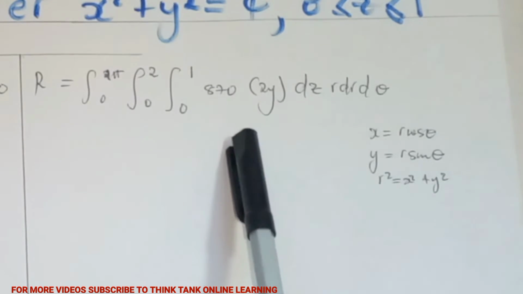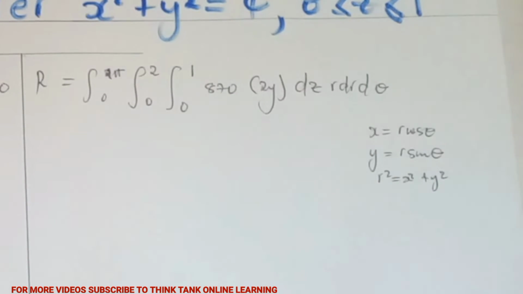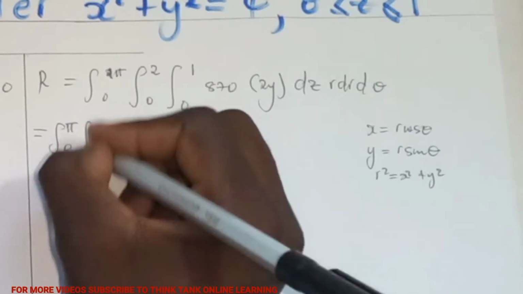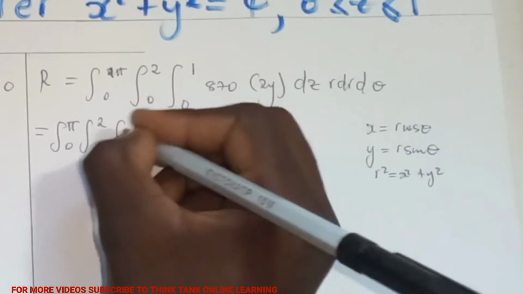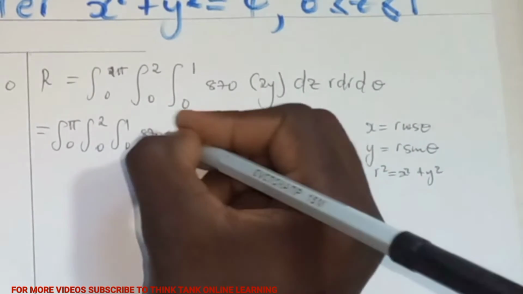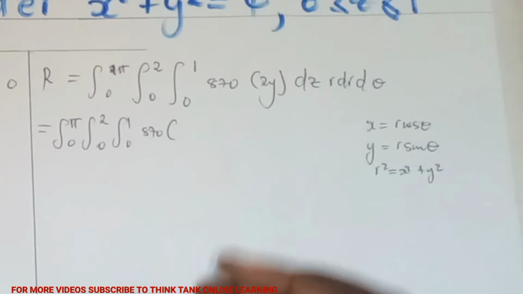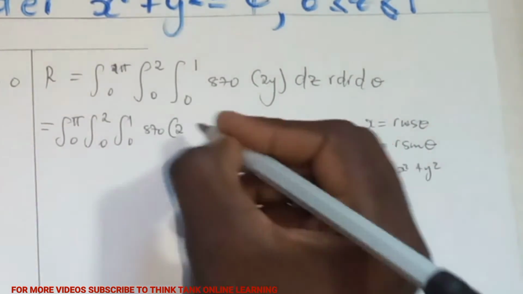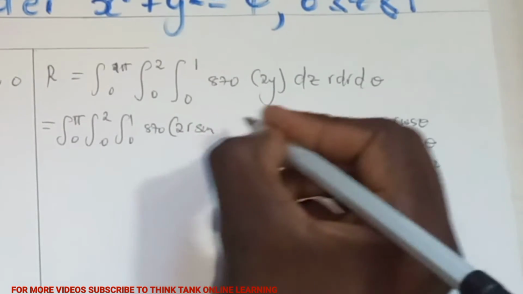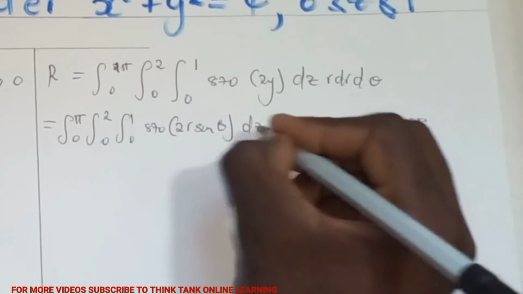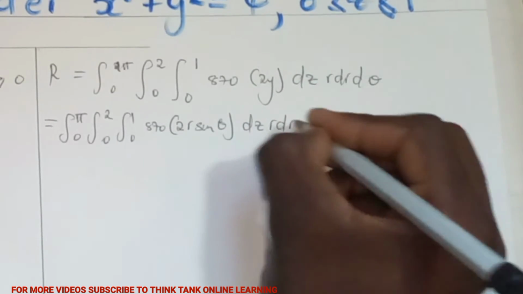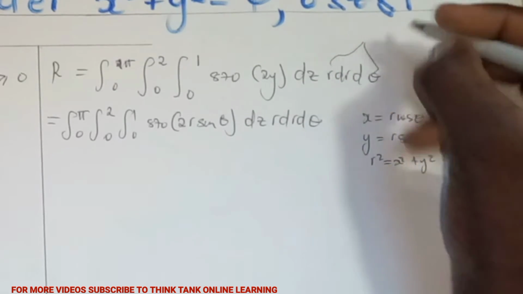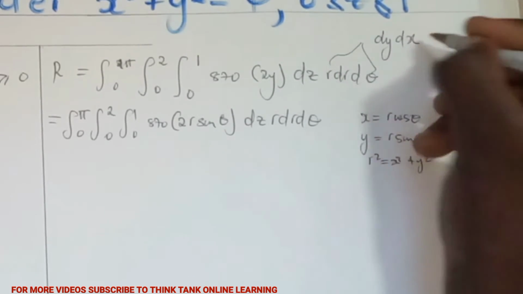So I can change 2y to polar coordinates. This is going to be the integral from 0 to pi, 0 to 2, 0 to 1 of 870. Instead of writing 2y, I'm going to write 2 r sin theta dz r dr d theta. So this one is like dy dx.